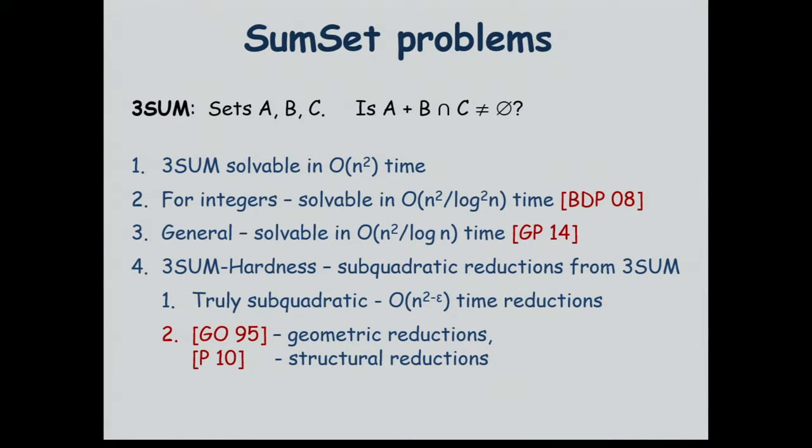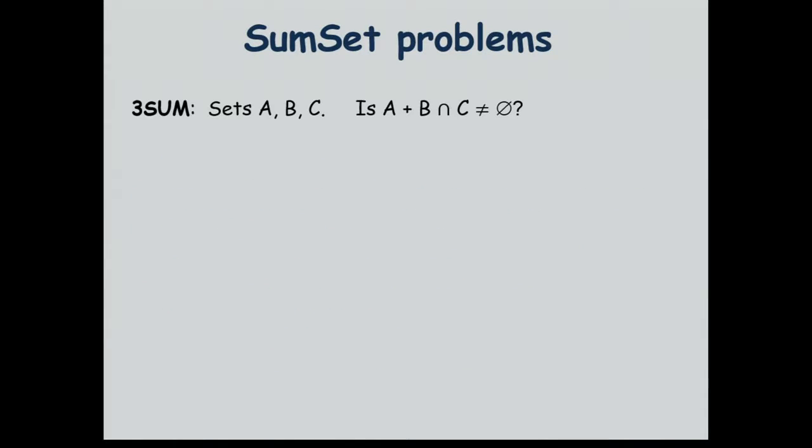There have been a bunch of geometric reductions starting from the time of Gajentaan and Overmars in 1995, and then Mihai Patrascu, in what was mentioned in the previous talks, actually used Convolution 3SUM to give a little bit more structure to the reductions. The previous reductions were more of a geometric flavor.